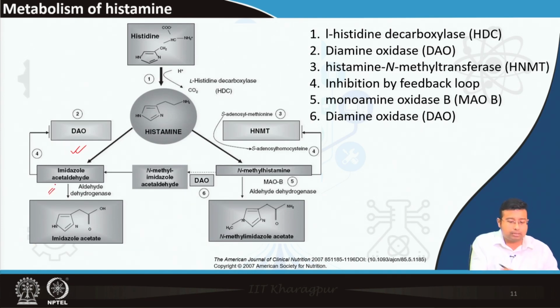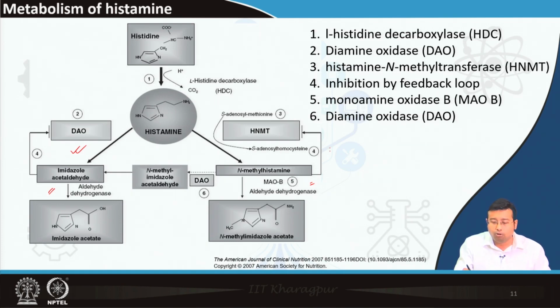If it is acted upon by diamine oxidase, it forms imidazole acetaldehyde, and if it undergoes methyl transfer, it forms N-methyl histamine. Now, know this, both of these products can feedback inhibit their formation.